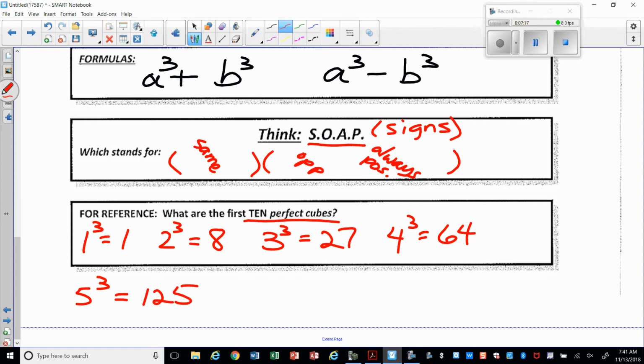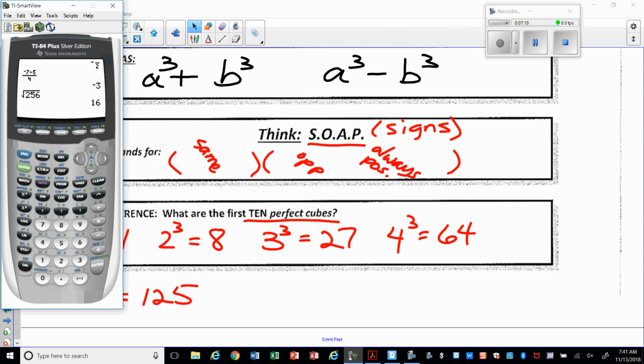When I get up here, I can use my calculator. I can go 6 cubed, the up arrow, cubed, that gives me 216.